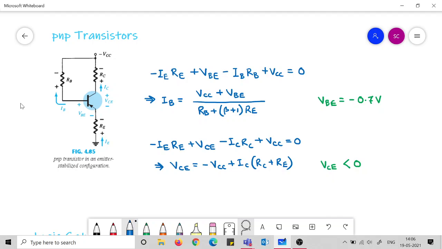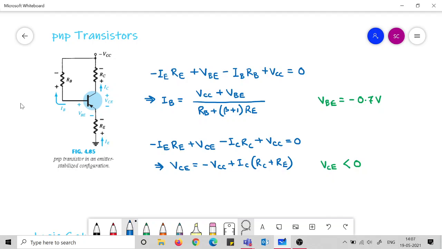Now here also you see that the currents are in the opposite directions. So these are the important things to note. The currents are in opposite directions. Here we have minus VCC instead of plus VCC, and now if we use the KVL in the input loop, previously we were going in this direction, now we will move in this direction along the direction of the current.